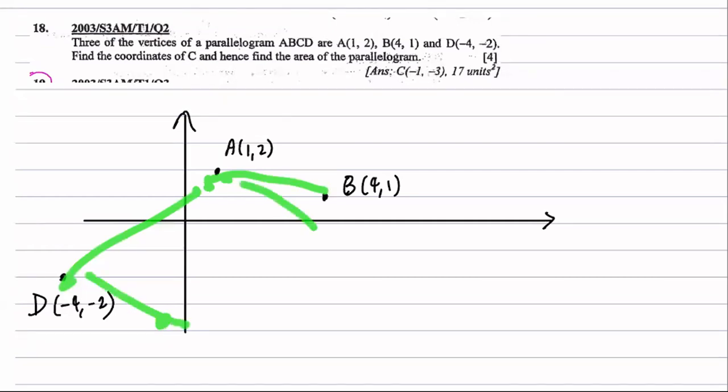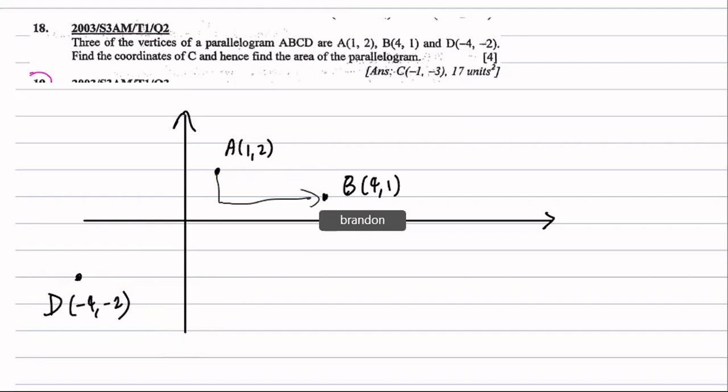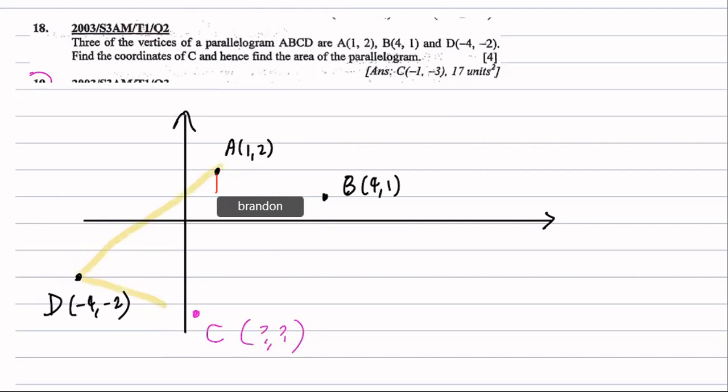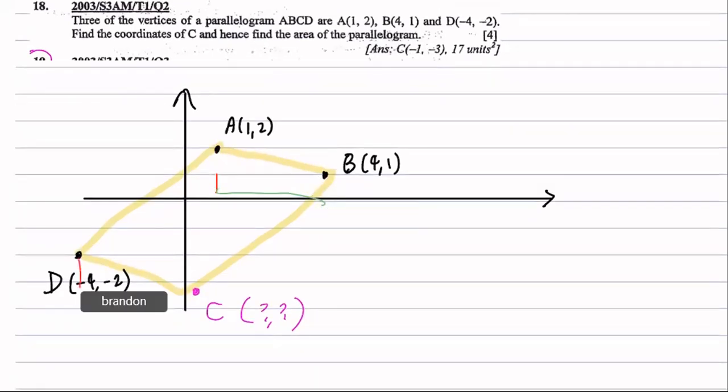Maybe, roughly. Okay, good. Maybe I'll just label the point C somewhere here. Then vector method. Let's find the correct vector to use. Do you want to try drawing?